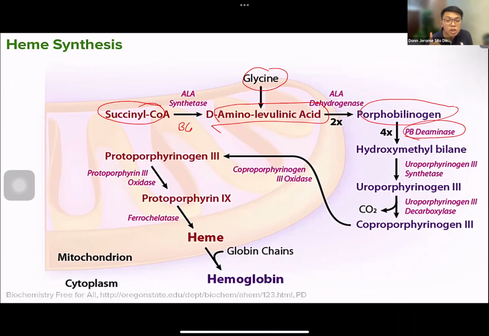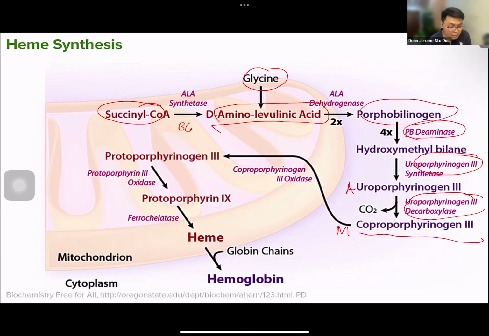Hydroxymethylbilane can undergo spontaneous cyclization, forming your type 1 uroporphyrinogens, or through the enzyme uroporphyrinogen 3 synthase to form your uroporphyrinogen 3. Uroporphyrinogen 3 would undergo decarboxylation by UROD or uroporphyrinogen decarboxylase to form your coproporphyrinogen, converting the acetate side chains to methyl side chains.